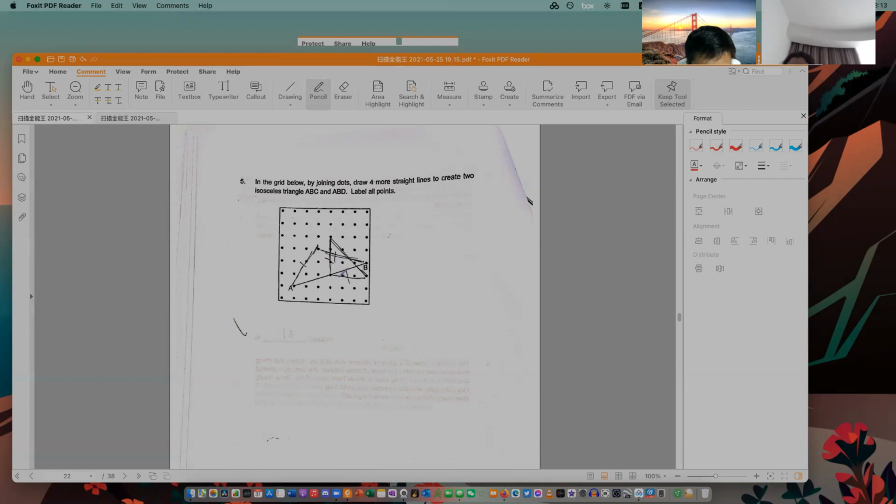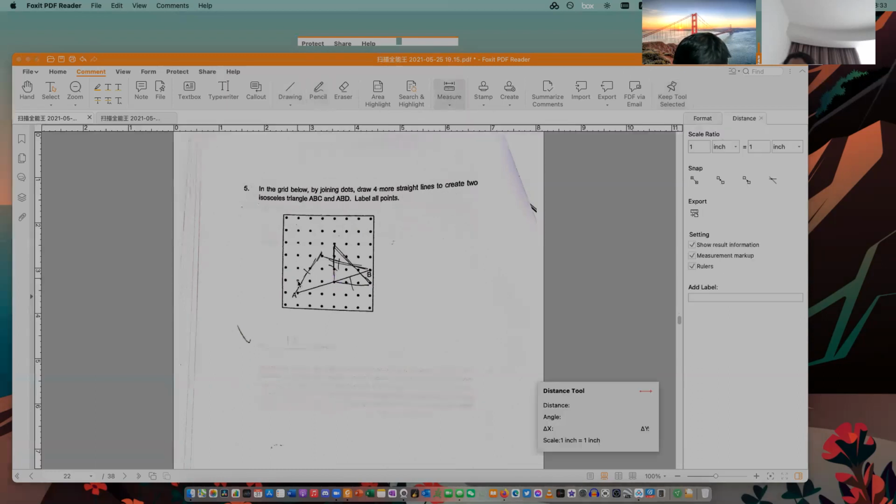So now the question is, how do you draw 2 isosceles triangles? One thing you can do is use your ruler. So basically I can use measure. Let me try.